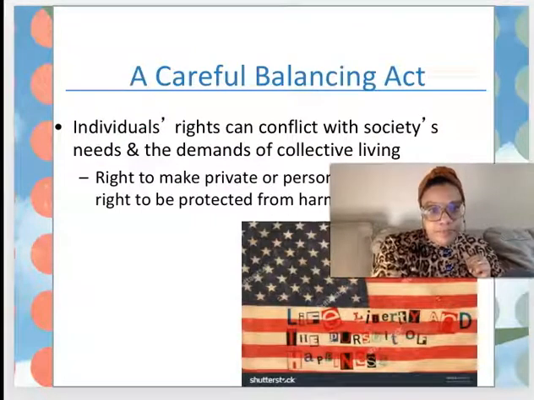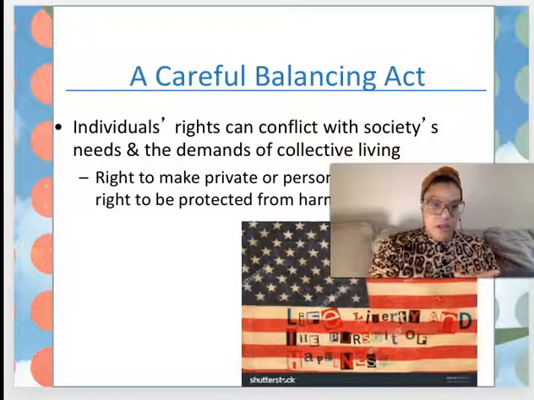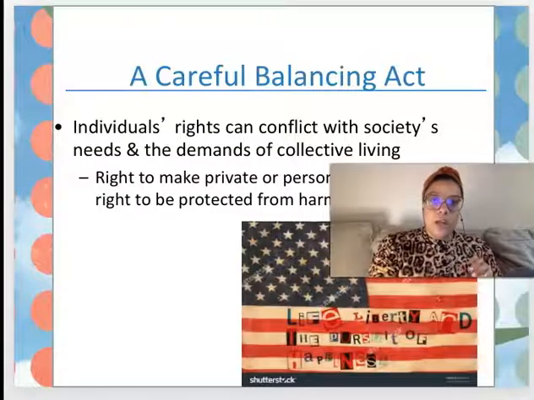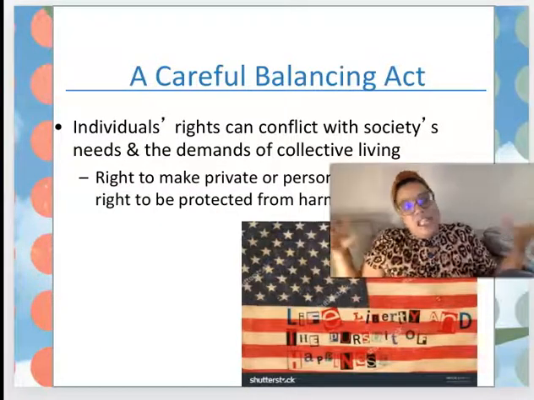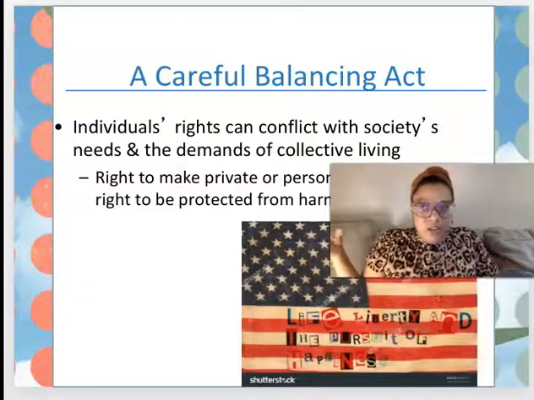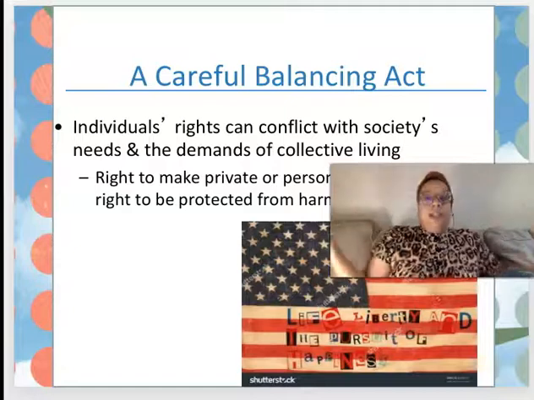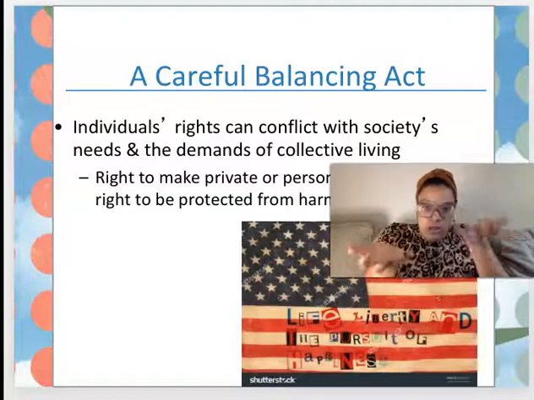Okay, so it's really a careful balancing act, right? And by that I mean the balancing act between the rights of the individual and I guess you could say the rights of the collective, the rights, the health, the safety, right? It's like balancing those things, okay?